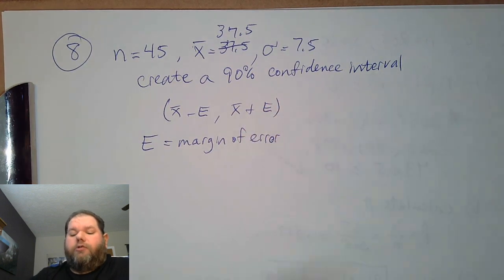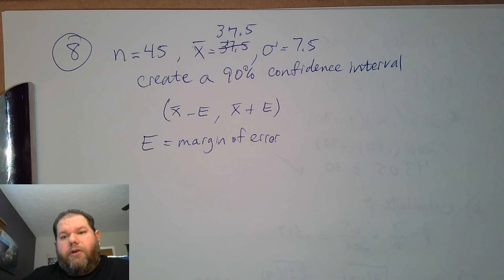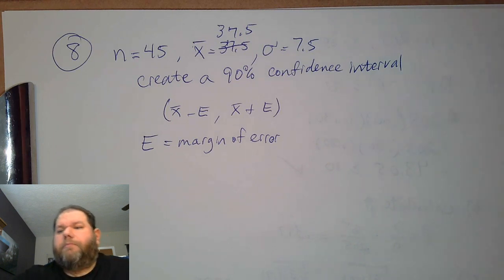Now, the issue here and how we find the margin of error is based on whether we have a population standard deviation or a sample standard deviation. Now, this will be made clear in the paragraph.